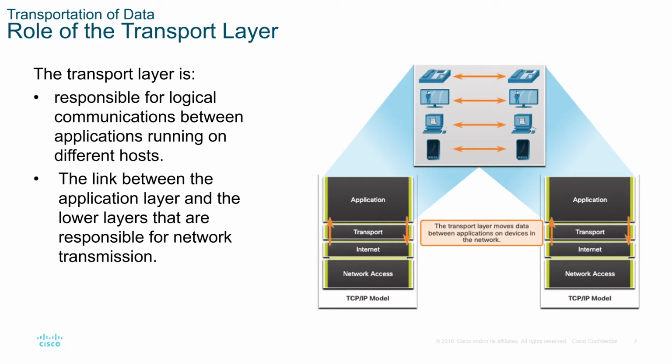As you can see from the TCP/IP model, the application feeds through the transport layer to the internet layer, while the internet layer feeds through the transport to the application layer. In the OSI model, the transport layer is the only layer that is named the same as in the TCP/IP model and performs the same function.